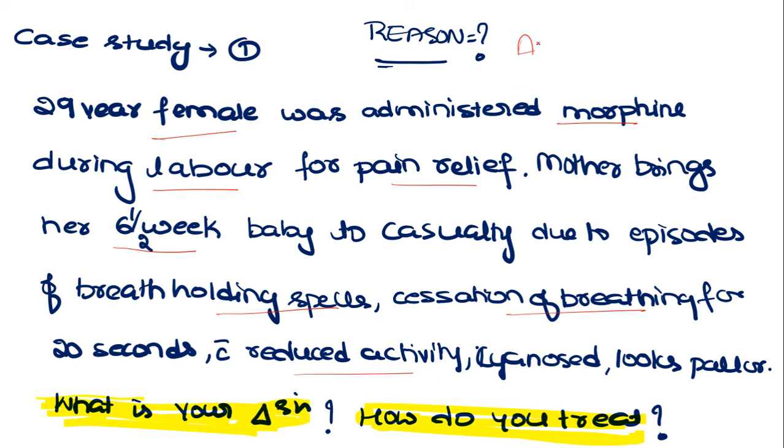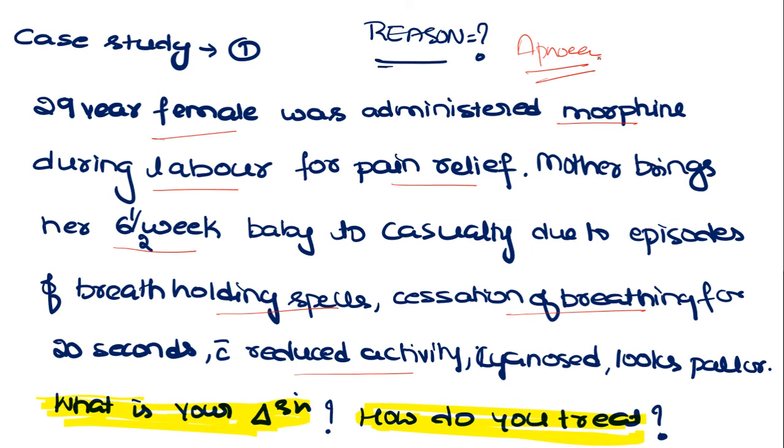It is the case of apnea of the newborn, because the morphine that was administered can travel to the fetal brain, because the fetal brain does not have a properly developed blood-brain barrier. So that's why the morphine can easily cross from the mother to the fetus through the blood-brain barrier.